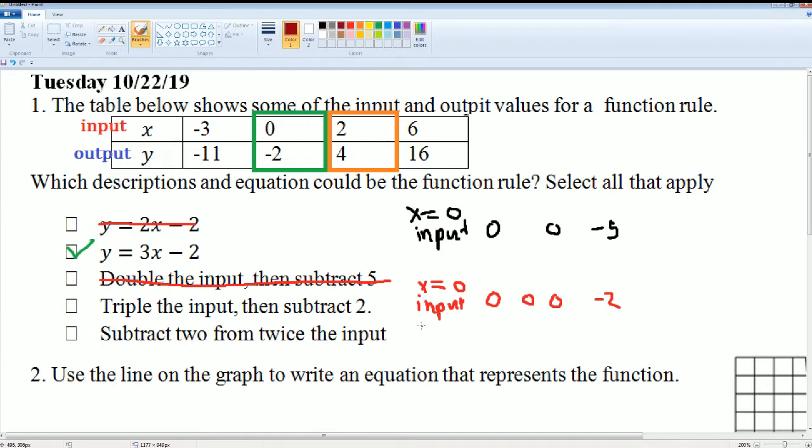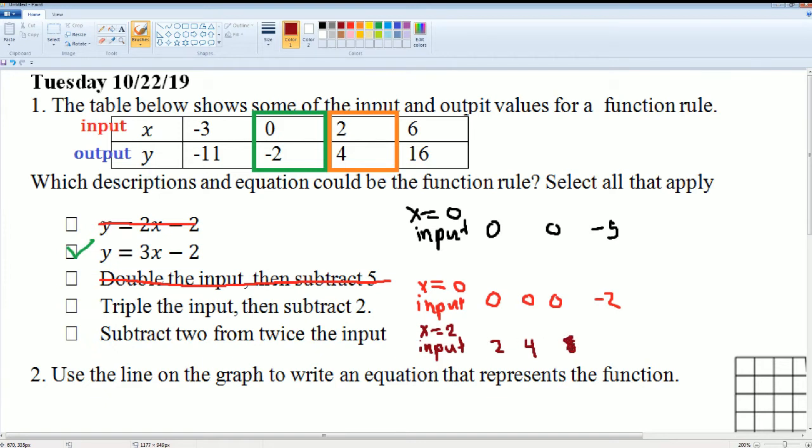Let's test different values, so x equals 2. The input was 2.